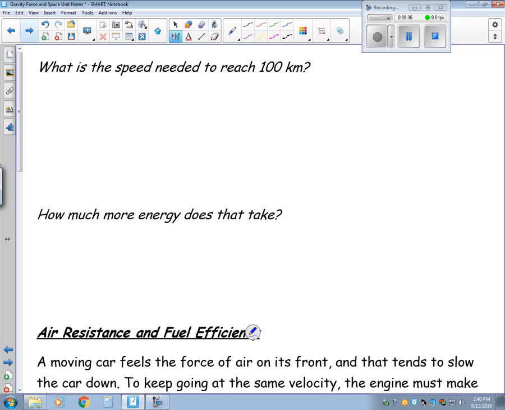So, what is the speed needed to reach 100 kilometers into the air? And what's interesting is that we see a lot of symmetry in nature. The speed needed to reach 100 kilometers will be the same speed an object gained after falling 100 kilometers.